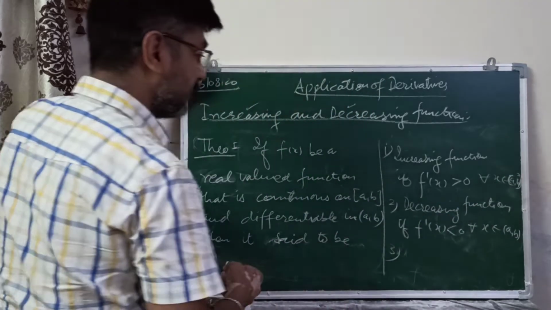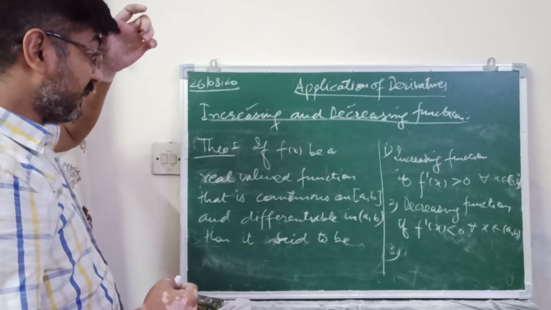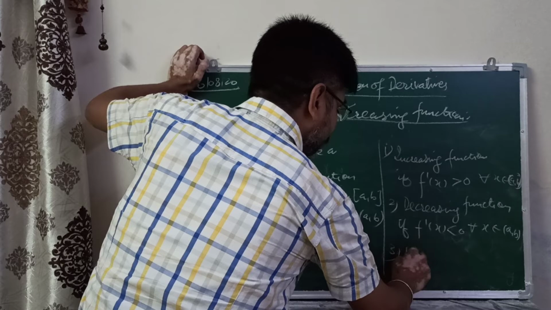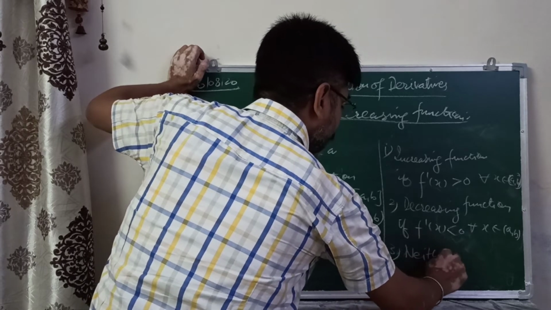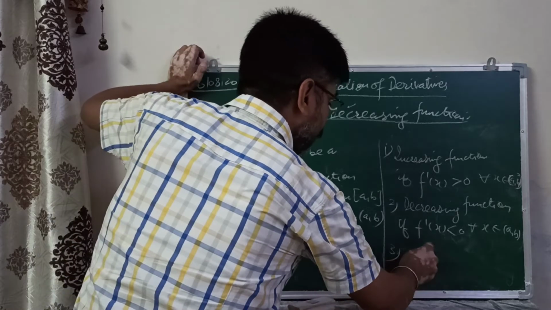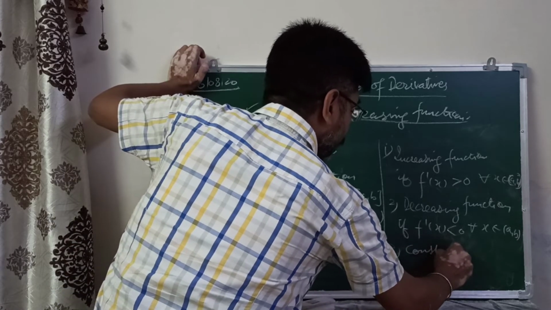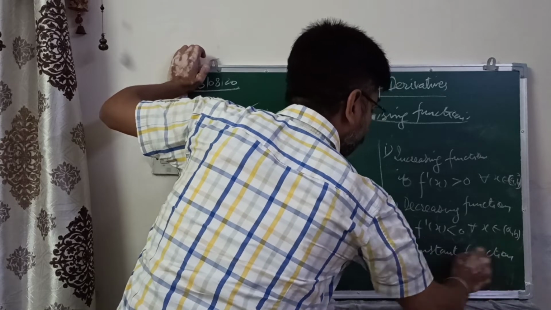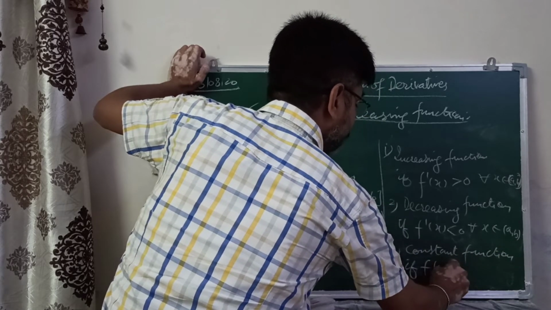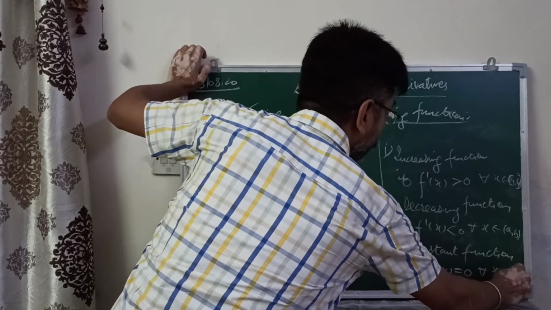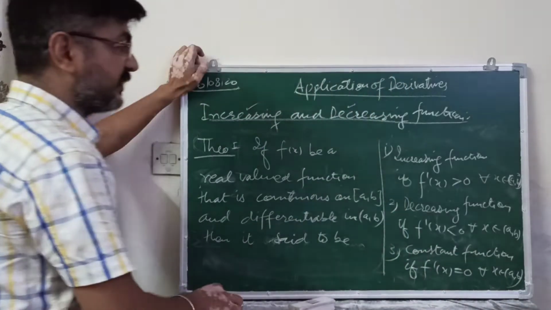And third, if f dash x becomes 0, neither increasing nor decreasing, it means you can say it is constant, okay? Constant function if f dash x equals 0 for every x belongs to (a, b). So these three conditions are there.